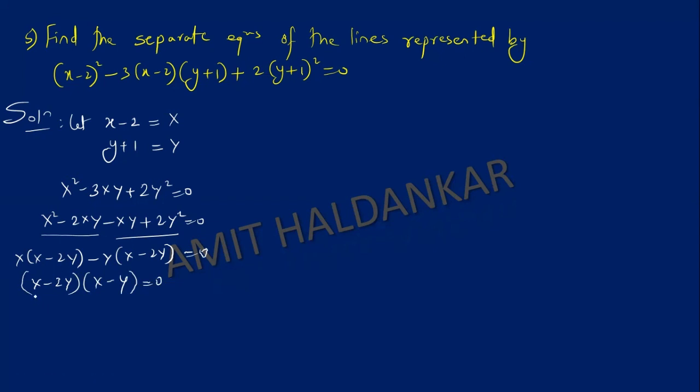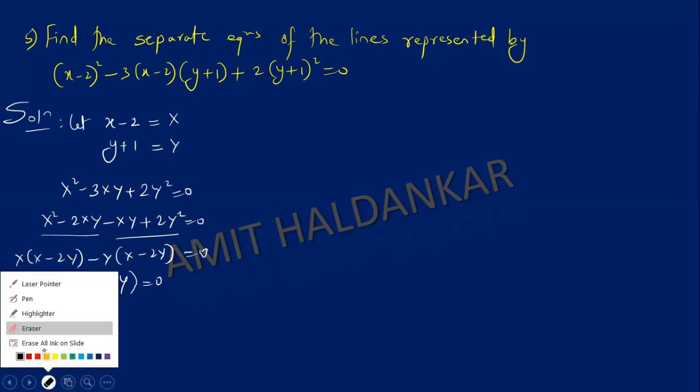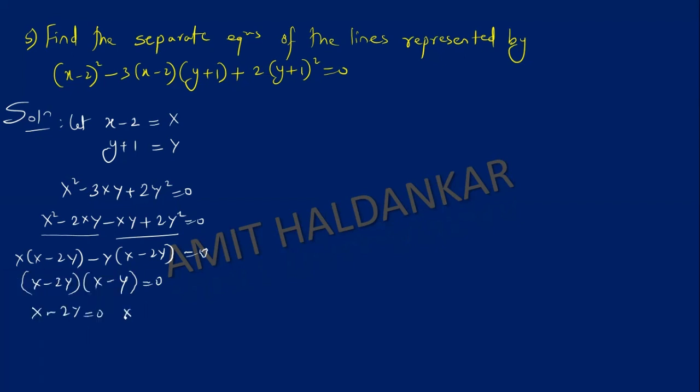So we get X minus 2Y is equal to 0, and X minus Y is equal to 0. We get two answers over here, that is, these are two separate equations.